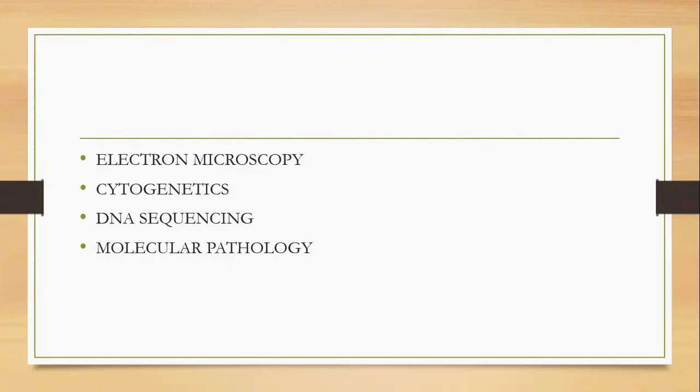You have cytogenetics, DNA sequencing, molecular pathology or molecular biology, where you want to look at some genetic markers, like your BRCA1, BRCA2, in order to find out if there's a familial predisposition of a patient to the development of cancer.